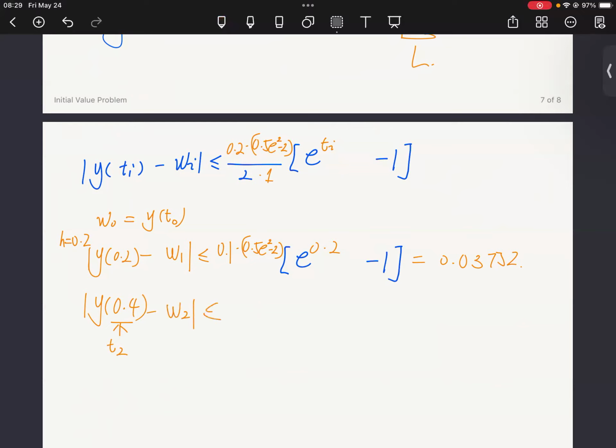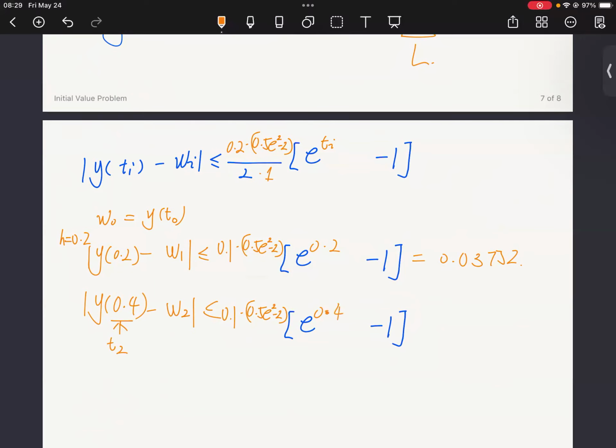What we need to change in the equation is just the time t_i. So we change it to 0.4, and then we have the error bound looking like this. And this is how we compute the error bounds.